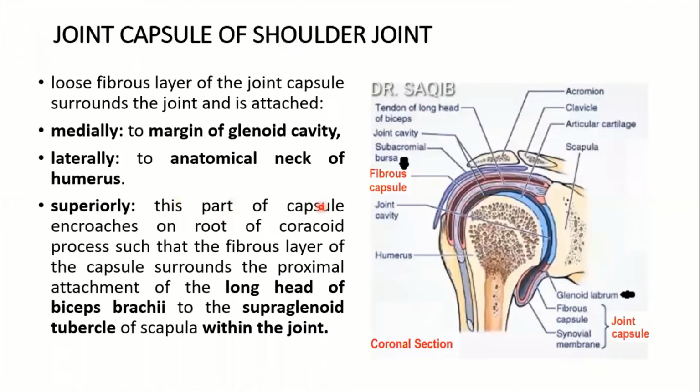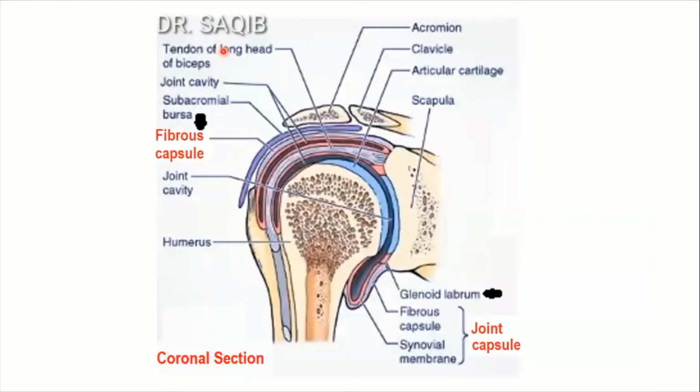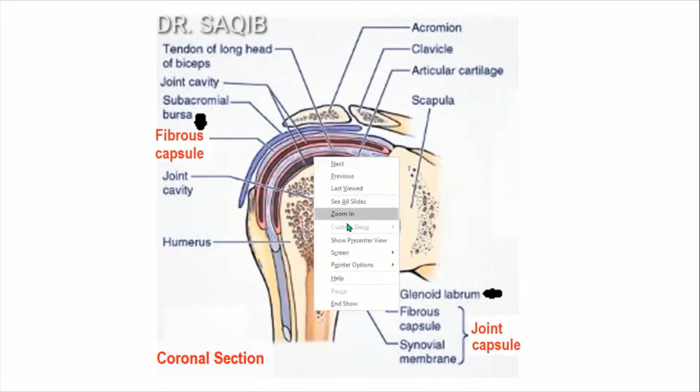And superiorly, this part of the capsule encroaches on the root of the coracoid process, such that the fibrous layer of the capsule surrounds the proximal attachment of the long head of the biceps brachii to the supraglenoid tubercle of the scapula within the joint. Here you could see again, this is the tendon of the long head of the biceps. The same picture, I zoomed into this picture for clarity.